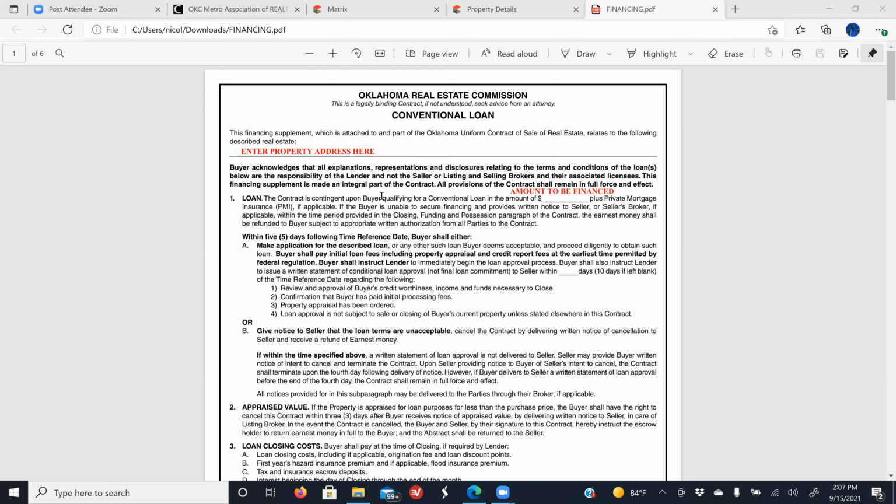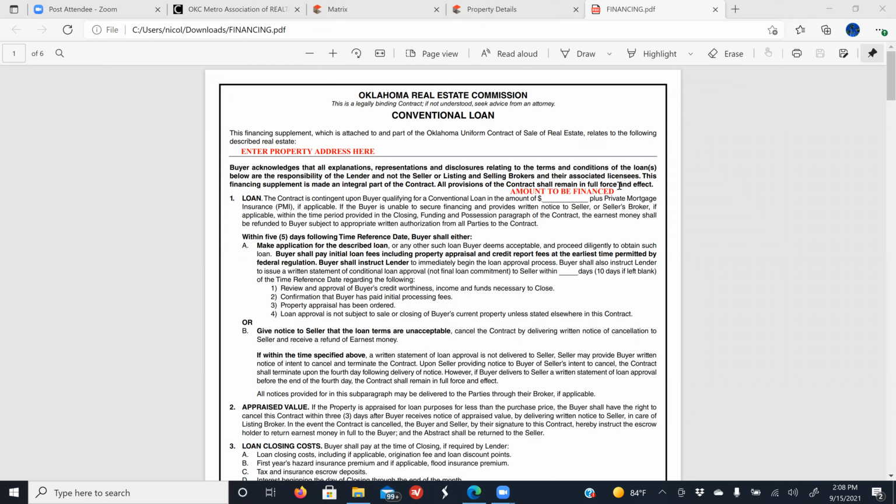The next section here, in this very first blank, you are going to put down the amount that your buyer will be financing. For a conventional loan, they must put down at least 5%, but they can put down as much as they want.